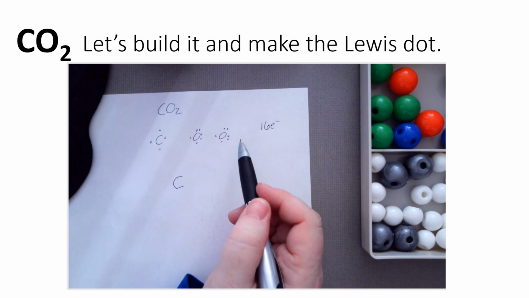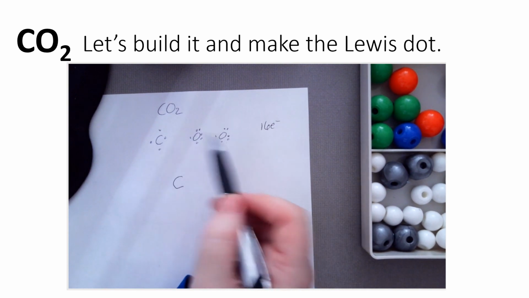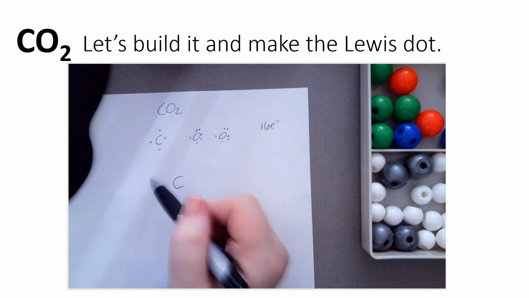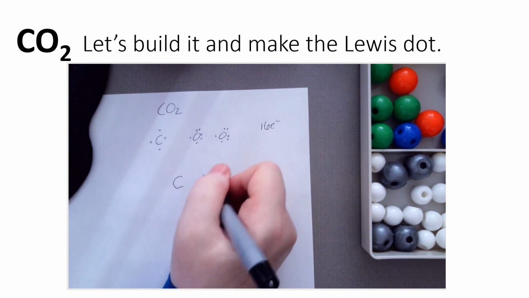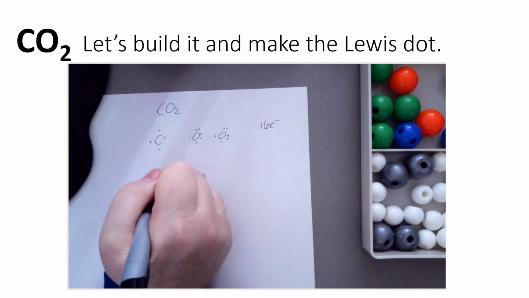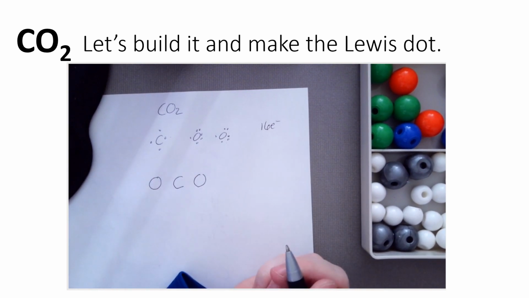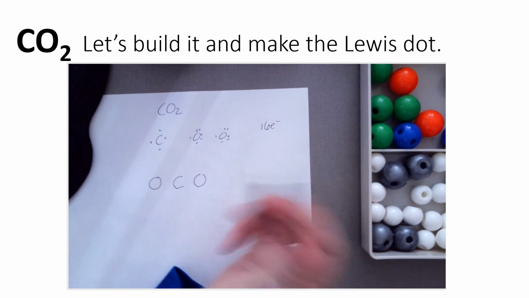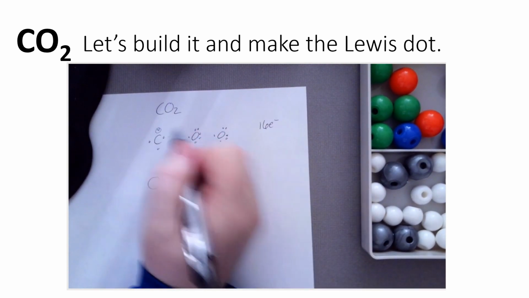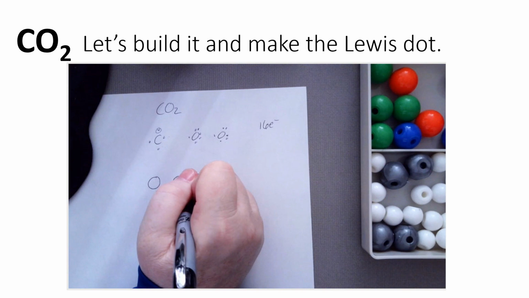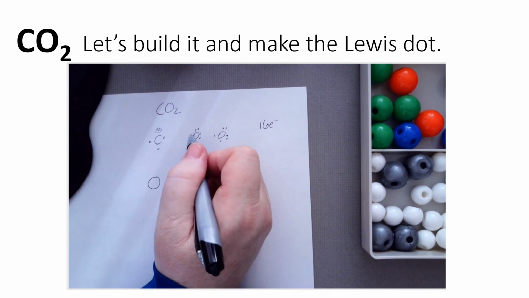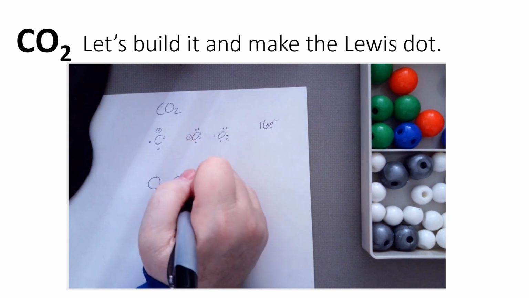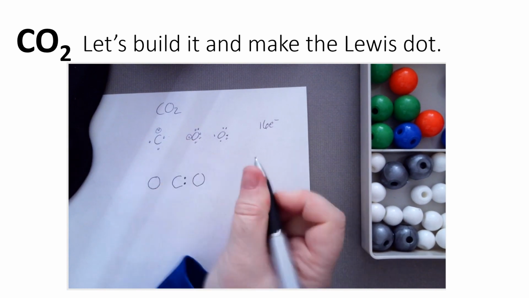And then if we can split things evenly, we're going to put one on each side because I could put it anywhere. So we're going to put one on each side. This is one you just kind of have to remember for carbon dioxide. But when I build it with the model, you'll see why. So I'm going to take this one from carbon, and I'm going to take this one from oxygen.